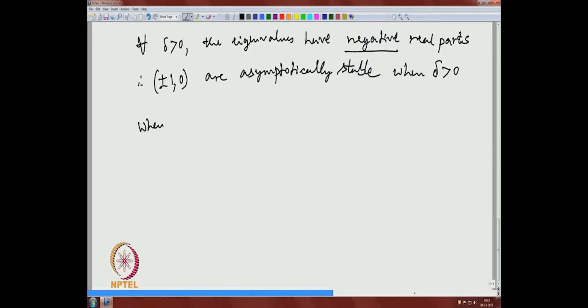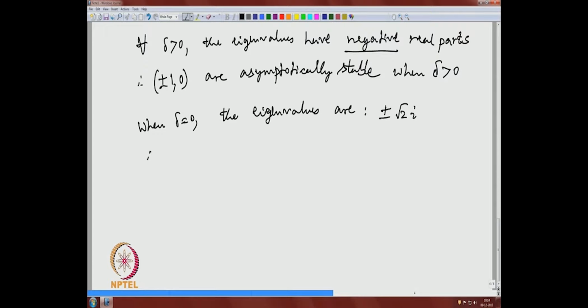So, what happens when delta is 0? When delta is 0, the eigenvalues are plus or minus root 2 i.